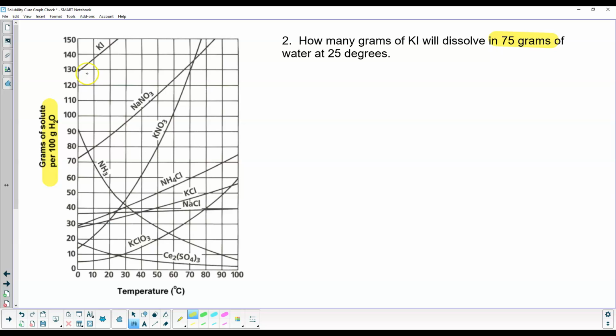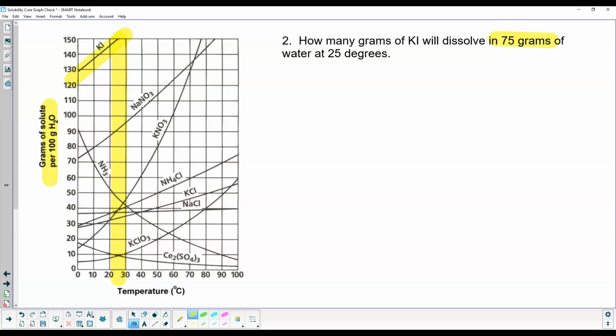So we're looking at potassium iodide. That's this one. My line got a little wonky there. There we go, that one. And we need 25 degrees. So that's this one. It's a good thing it wasn't any warmer because you're going to notice that it flies off the chart at that point.